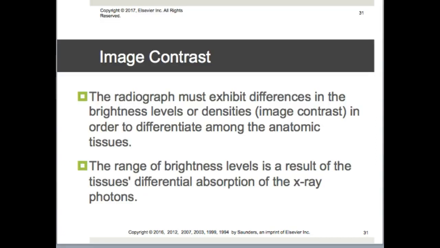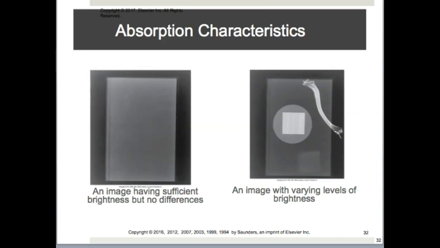Contrast. The radiograph must exhibit differences in brightness levels or densities, which we call image contrast, in order to differentiate among the anatomic tissues. The range of brightness levels is a result of the tissue's differential absorption of the X-ray photons.